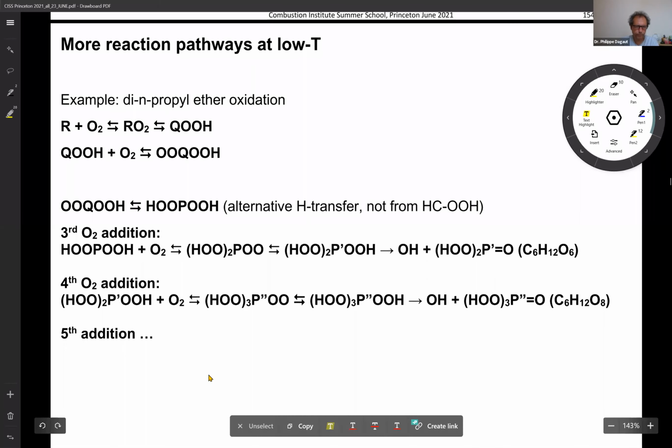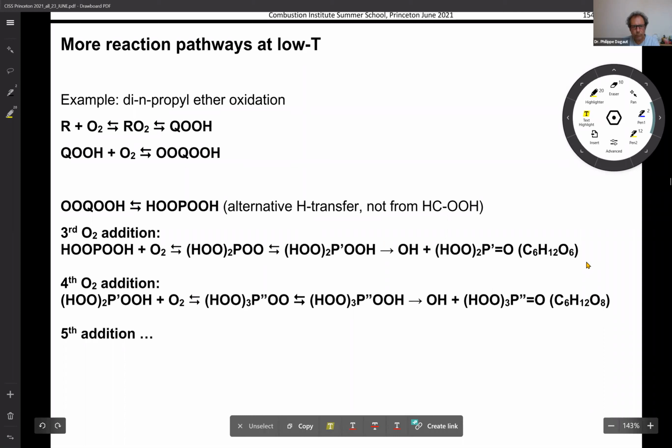So through H atom abstraction, O2 addition, H atom transfer, O2 addition, H atom transfer, O2 addition, H atom transfer, until there is no possibility of H atom transfer on the structure. So we can get products of third O2 addition, fourth O2 addition, fifth O2 addition, etc., depending on the size of the initial fuel.